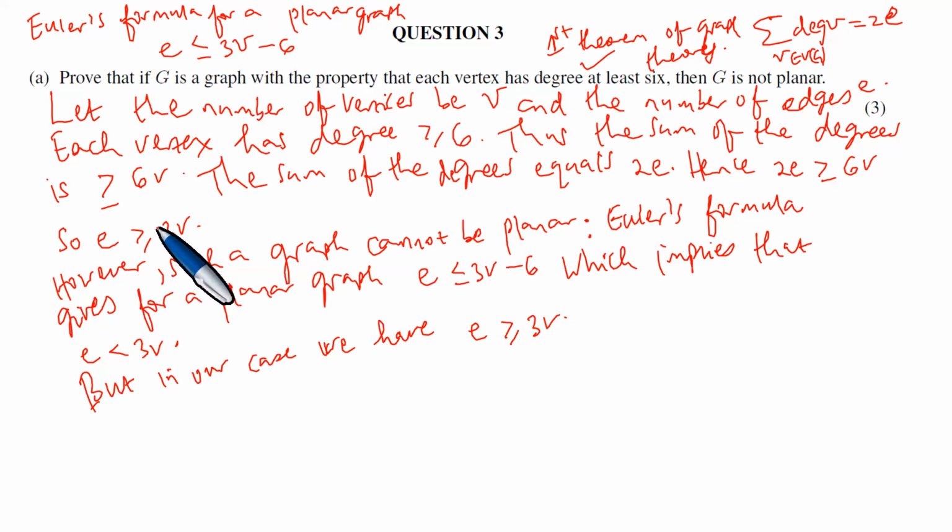And that is enough to say this graph cannot be planar. So we conclude that G is not planar, and we are done. Next question.